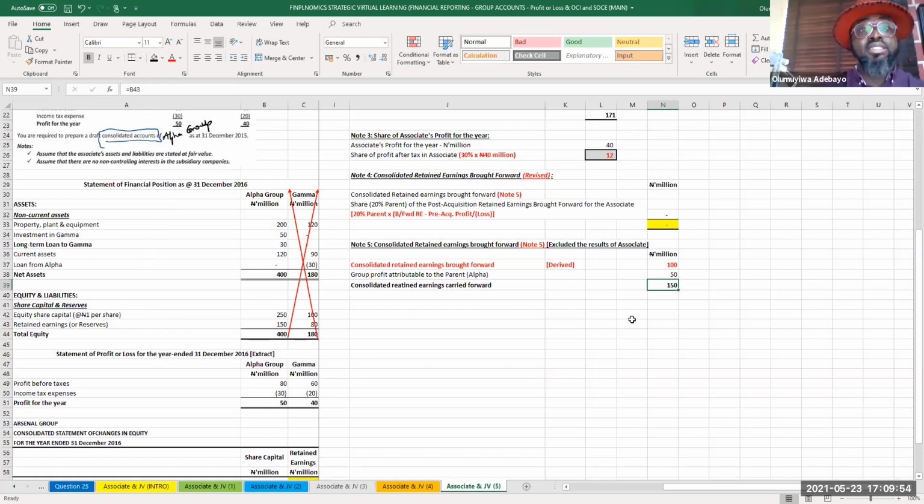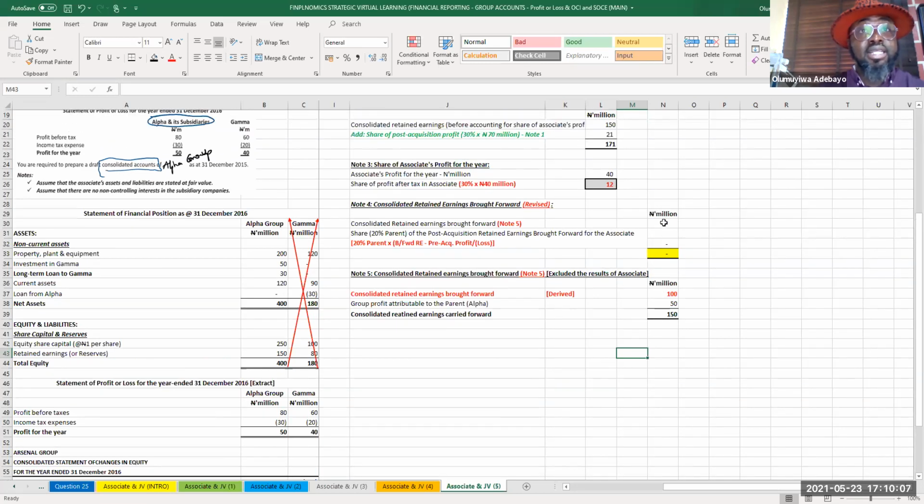And in that light, we are able to obtain this amount to say our consolidated retained earnings brought forward before including result of associate was 100. And therefore, I can easily trace that back here, which I said is from note 5.